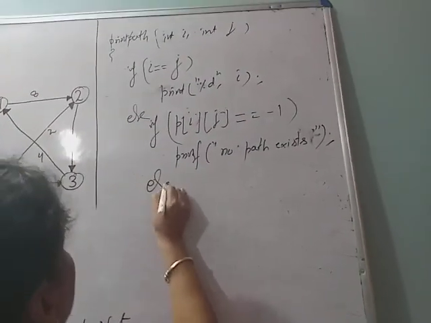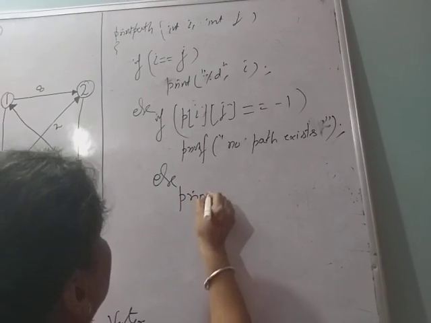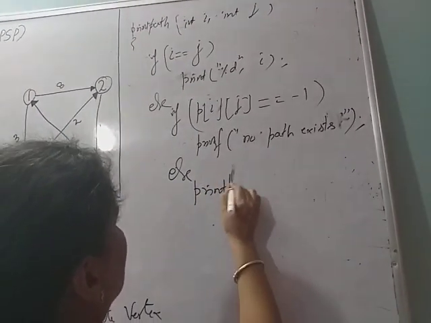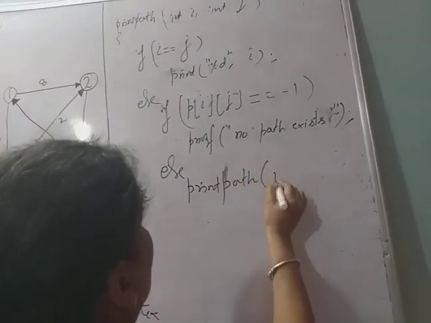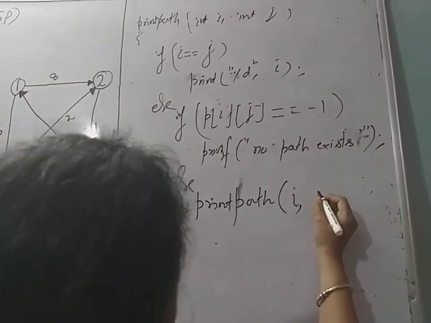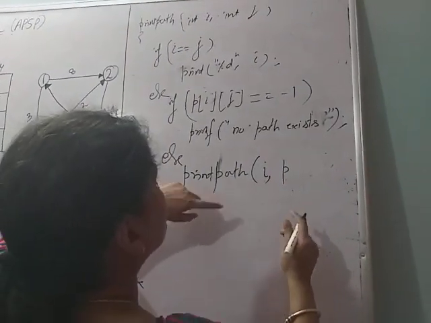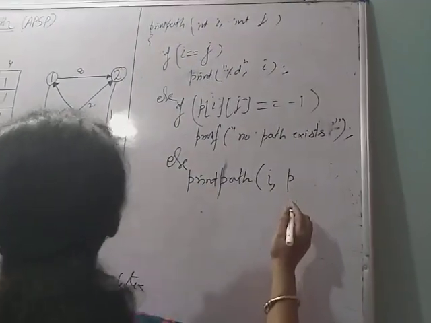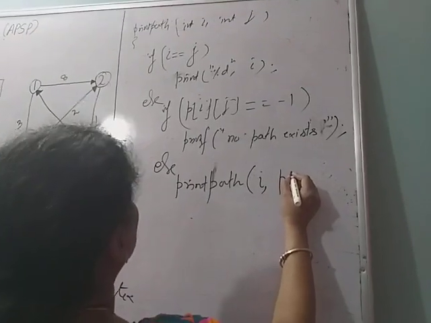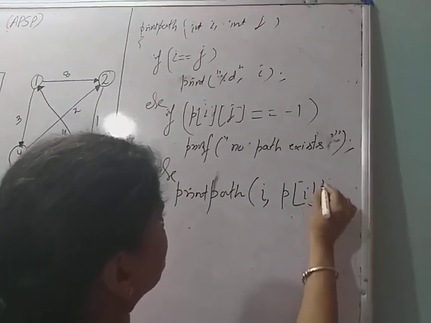Else we call this function again, PrintPath, with i and whatever the entry is here, P[i][j]. So in the next recursive call, the j will become the entry in P[i][j].